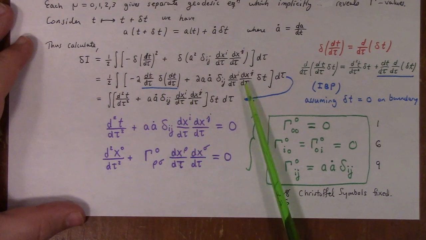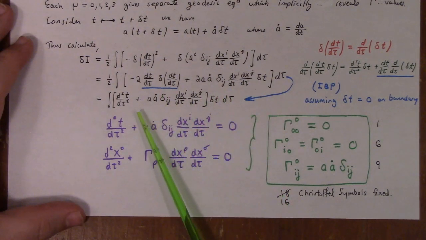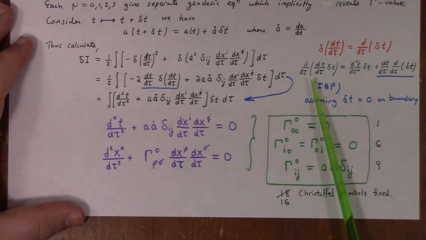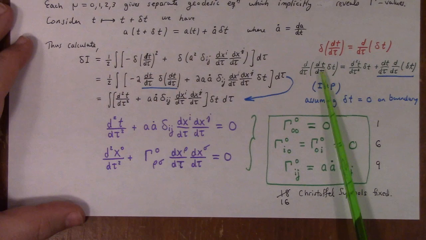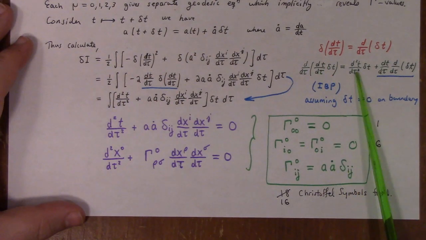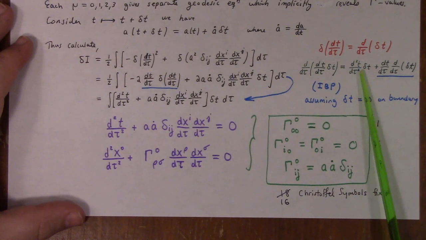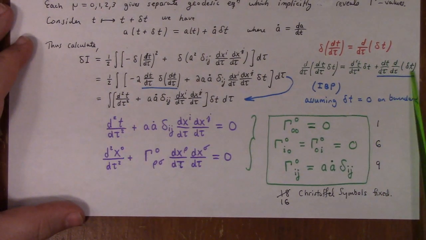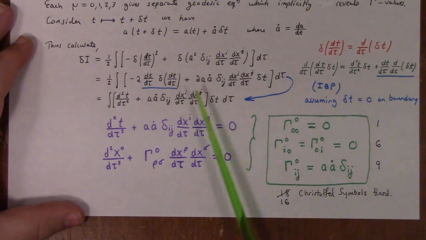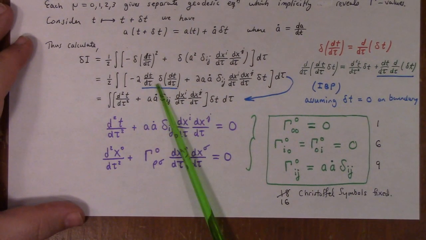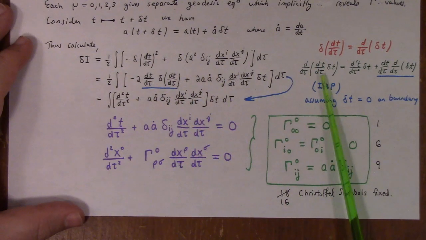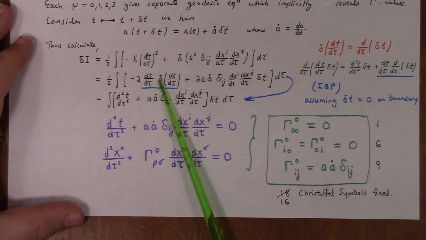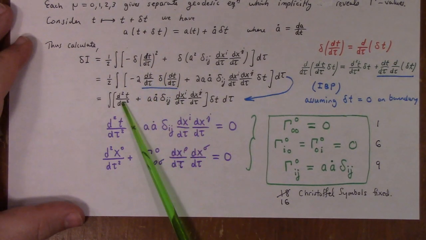So we get to here, and then what happens is, over here, I say, okay, well, the derivative of dt/dτ times δt is the product rule, so I've got d²t/dτ² δt plus dt/dτ times dδt/dτ. But this right here I had right there, so I can trade this term for the total derivative term minus that, which is what I do going from here to there.